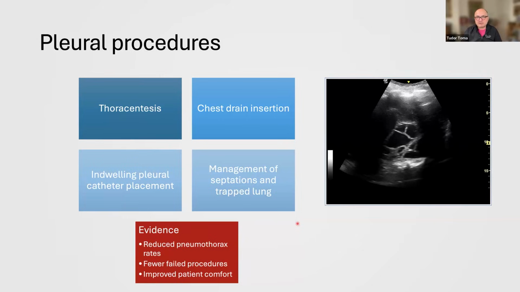We have a good body of evidence now to show that thoracic ultrasound in these interventional procedures reduces the risk of complications, reduces the risk of failures, improves patient comfort, and overall is a more effective intervention.